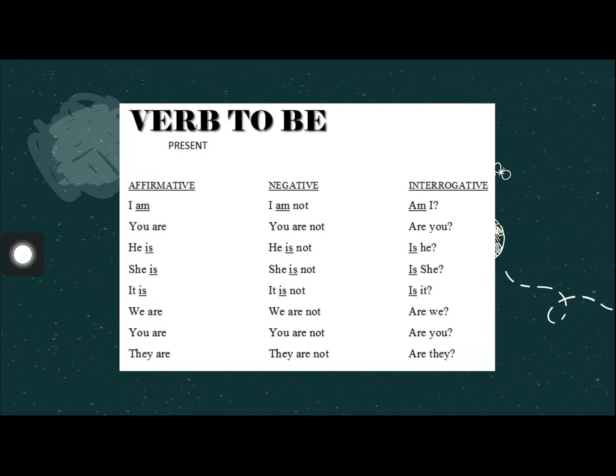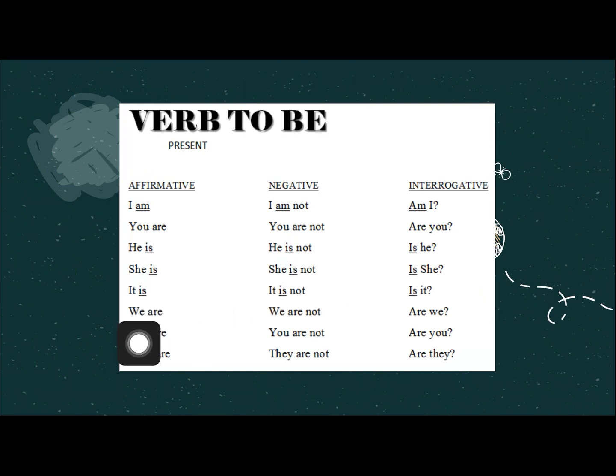One example could be, you are my teacher, you are not my teacher, are you my teacher? Notice the intonation. He is my friend. He is not my friend, or he isn't my friend. Is he my friend?